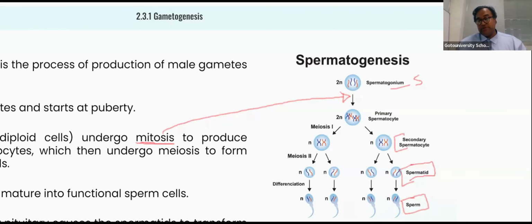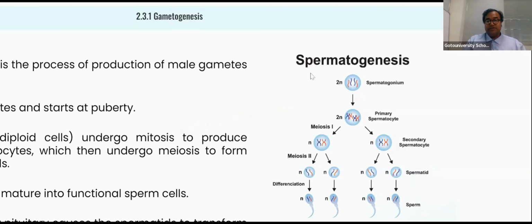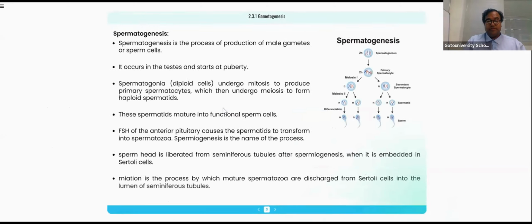Spermatozoa, you just need to add the zoa suffix. This zoa, once it is coming, means mature sperm. Spermatid is an immature sperm, right? So be very careful with all these things. Okay, because of the mitosis process and meiosis process, spermatozoa is formed, right?